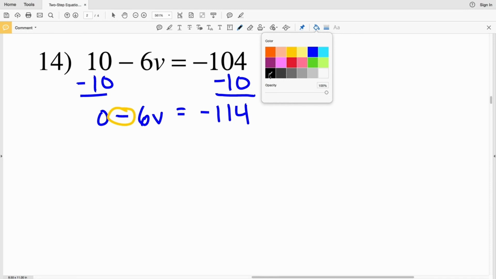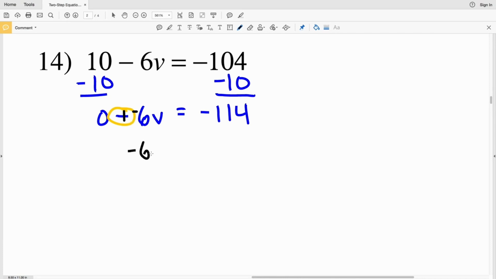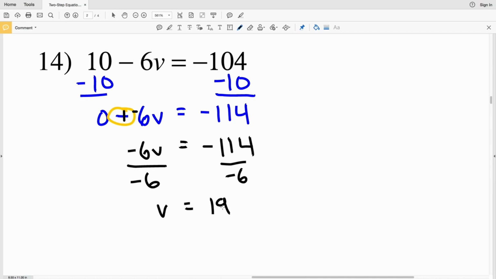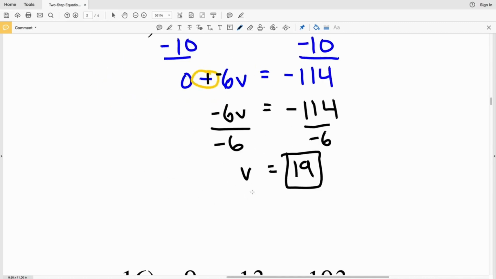That's the same as adding a negative. So 0 plus a negative 6v is going to be a negative 6v, and that's equal to the negative 114. Then we'll divide by negative 6 on both sides to get v equal to a positive 19 for number 14.